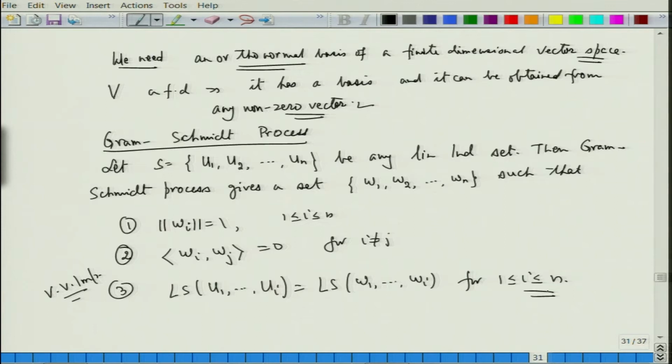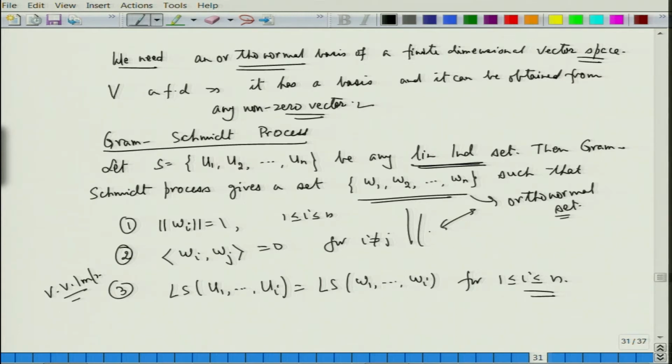All right. So, what we are saying is that I am starting with any linearly independent set, and I am able to get an orthonormal set. How do I get an orthonormal set? Let us look at this. W1 to Wn has the property that length of Wi is 1, and the inner product between Wi and Wj is 0, and therefore, I get an orthonormal set.